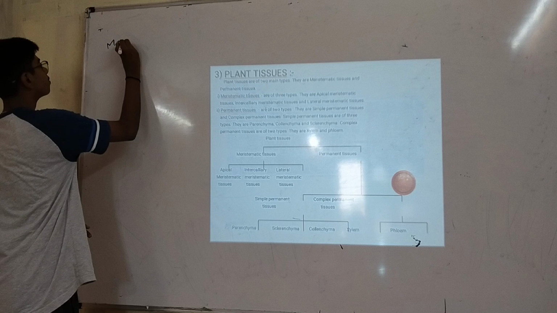Cardiac muscles are involuntary muscles having faint striations. So these are the types of muscles present in the human body. This is the cardiac muscle cell, skeletal muscle cell, and smooth muscle cell, with diagrams of smooth muscle, skeletal muscle, and cardiac muscle.